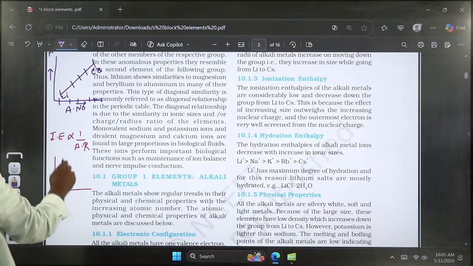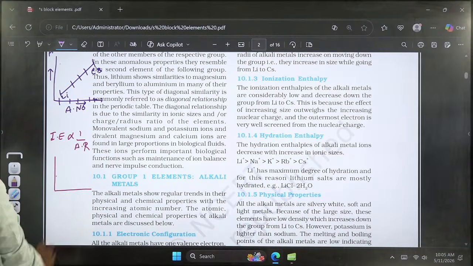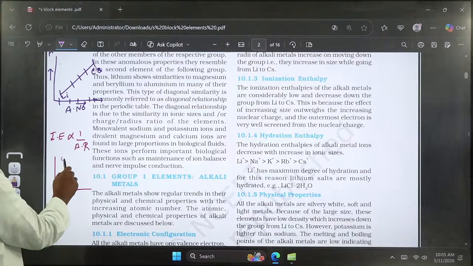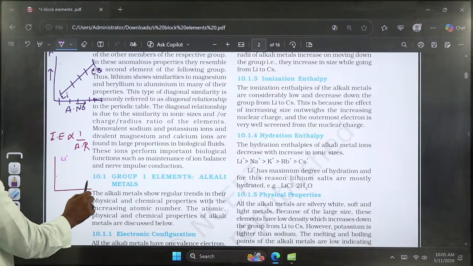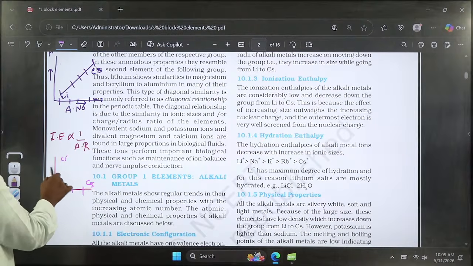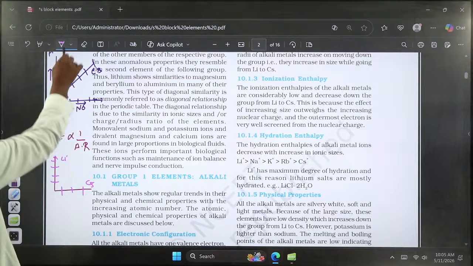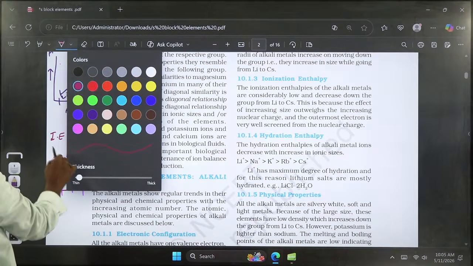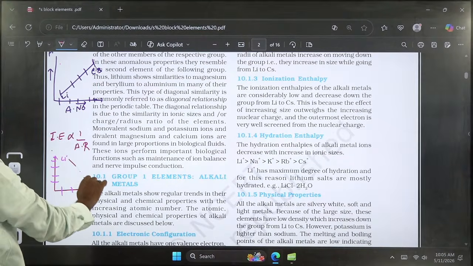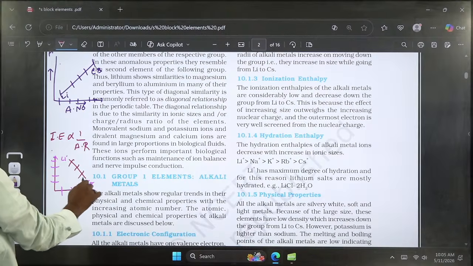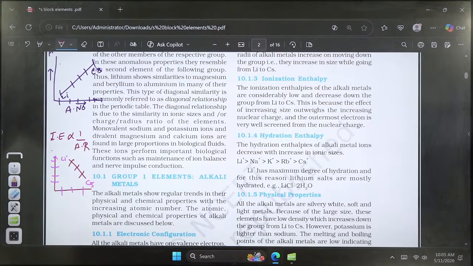Here the highest ionization enthalpy is observed in lithium and the lowest in cesium. So from lithium to cesium, there is a gradual decrease in ionization enthalpy.